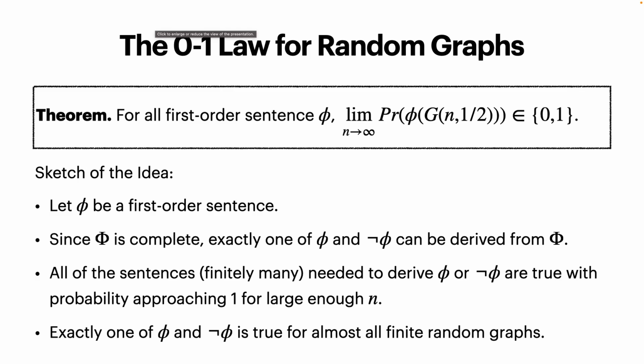And also we have a corollary from this idea. A first order sentence in our graph theory is going to be true for almost all of the finite random graphs if and only if it is true for our countable random graph.